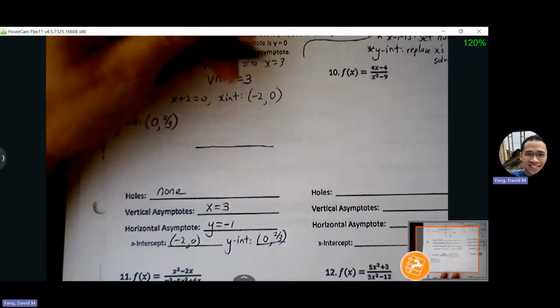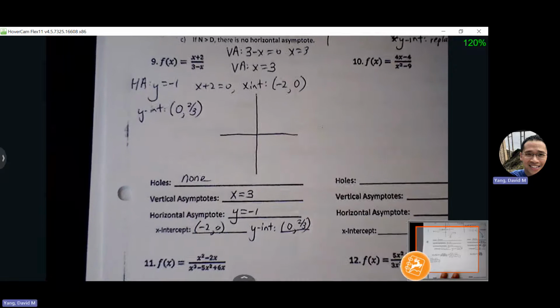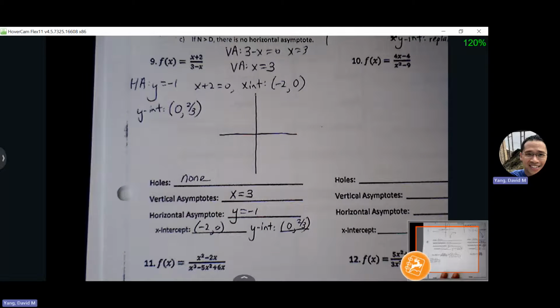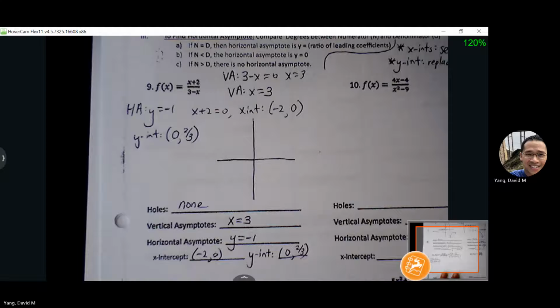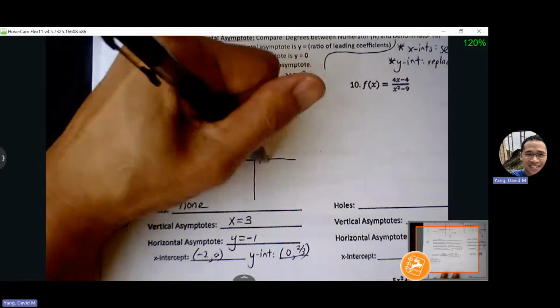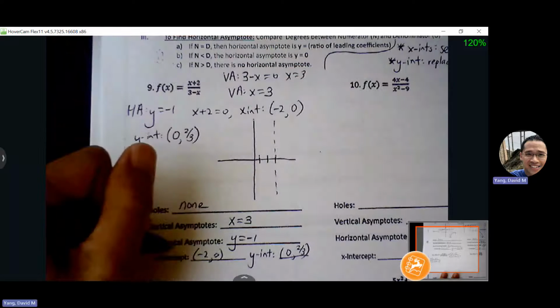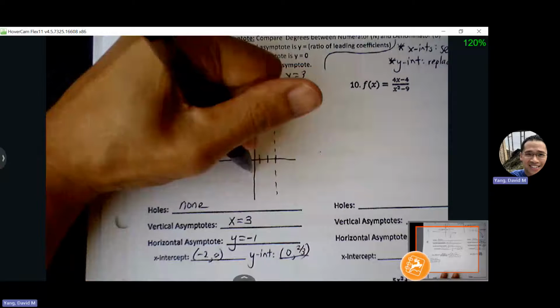So let's see if we can get a decent picture of the graph just based off of these properties. Right, vertical asymptote at x equals 3. Let's go ahead and graph that. Horizontal asymptote at y equals -1.